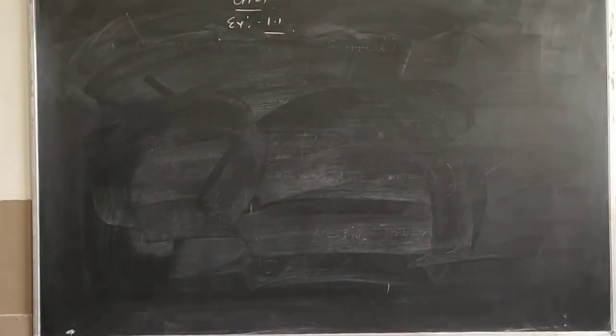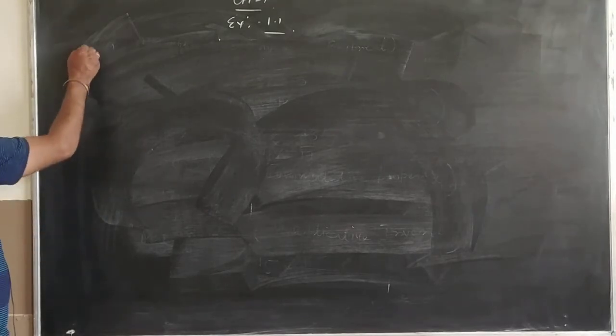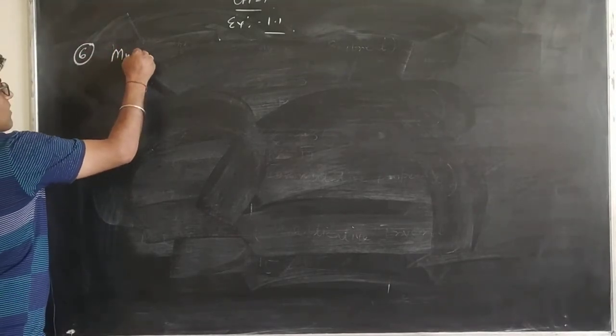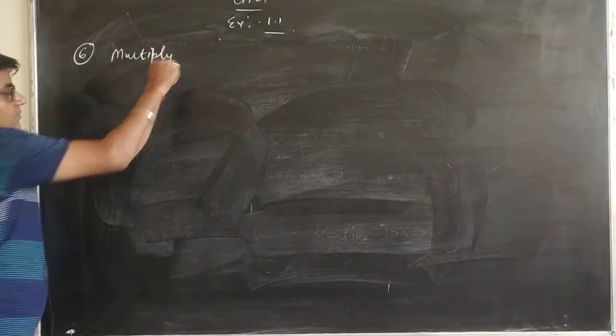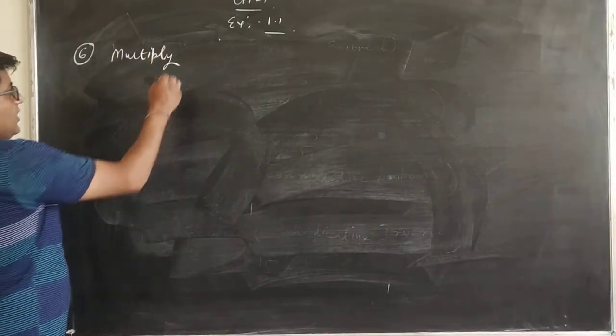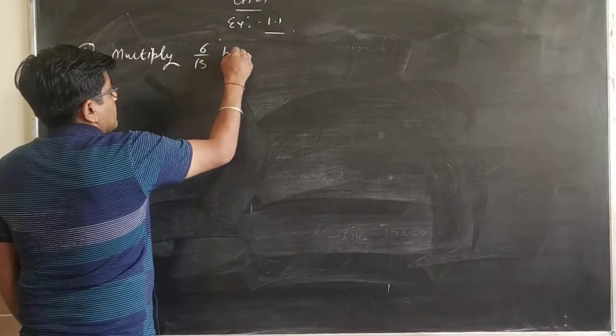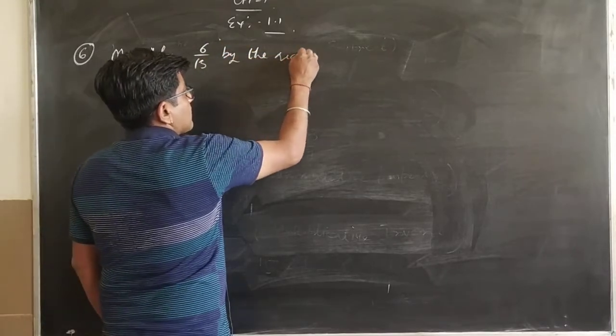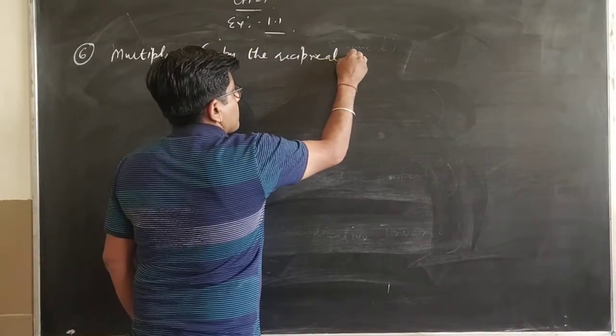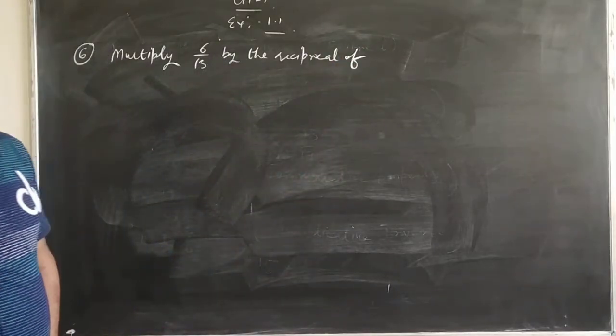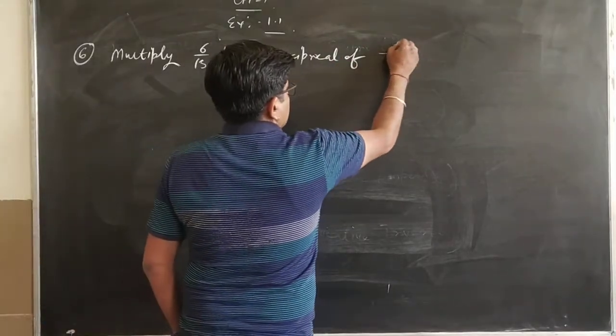Now the next question, that is question number 6, that is multiply 6 upon 13 by the reciprocal of minus 7 upon 16.